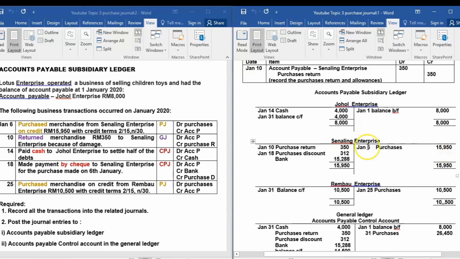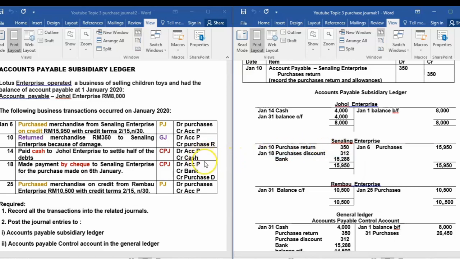The second one, 10th of January, debit account payable, credit purchase return. So we look at account payable for Senali Enterprise, debit side, 10th of January, the amount is 350. So the double entry: debit Senali Enterprise, credit purchase return.